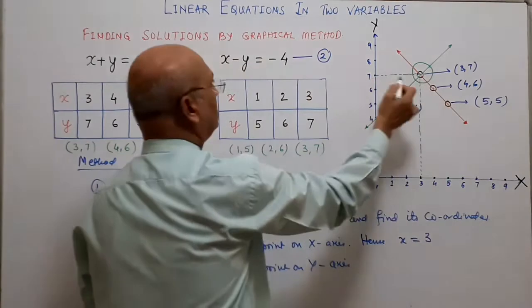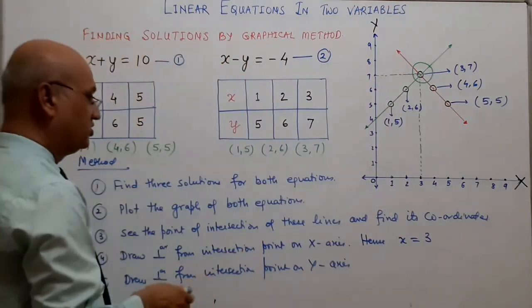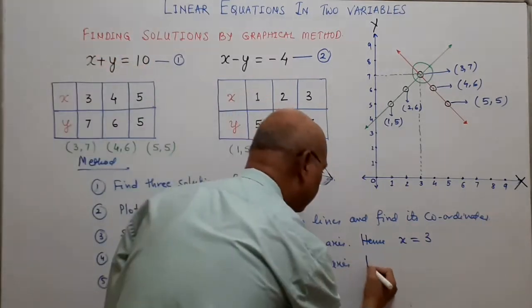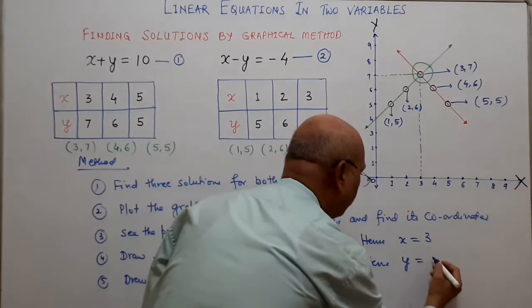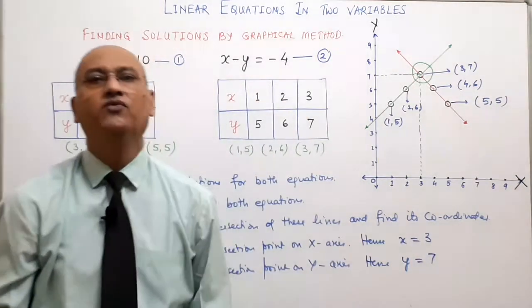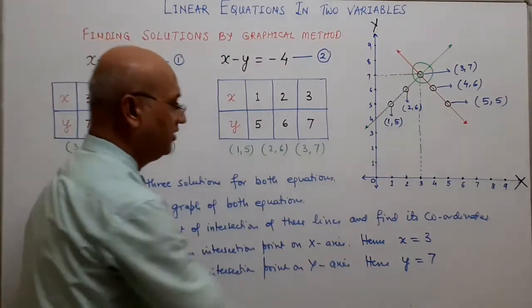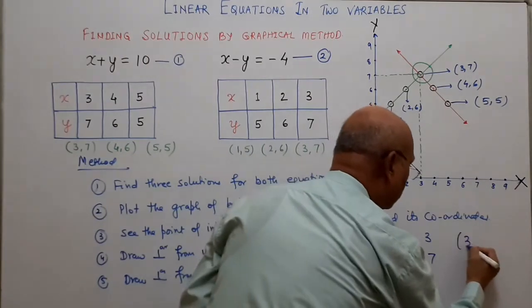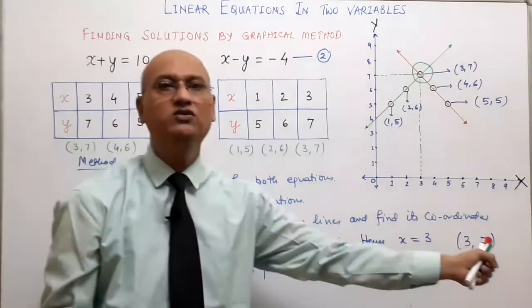So this perpendicular is intersecting the y-axis on 7. So hence the value of y will be 7. So the common solution which you can apply for both these equations will be 3 comma 7. x is equal to 3 and y is equal to 7 we got.